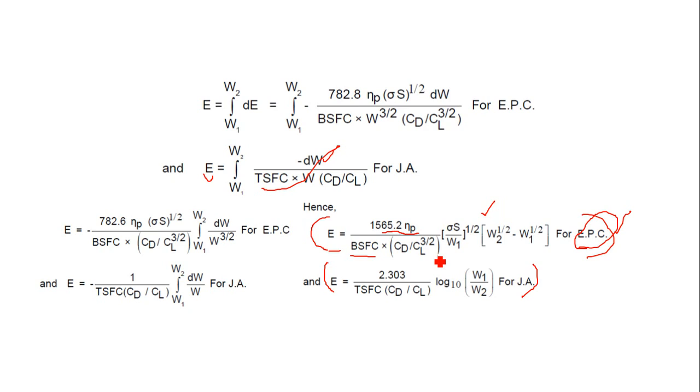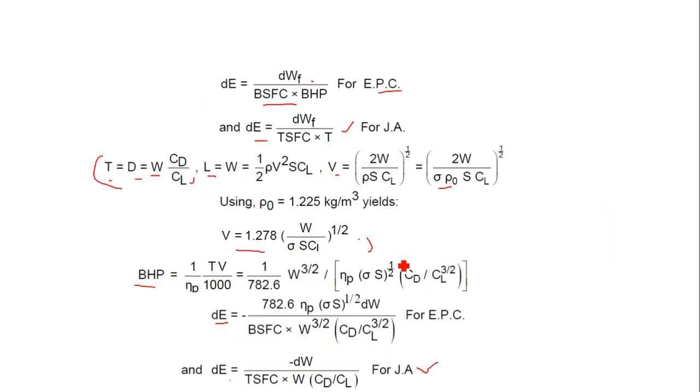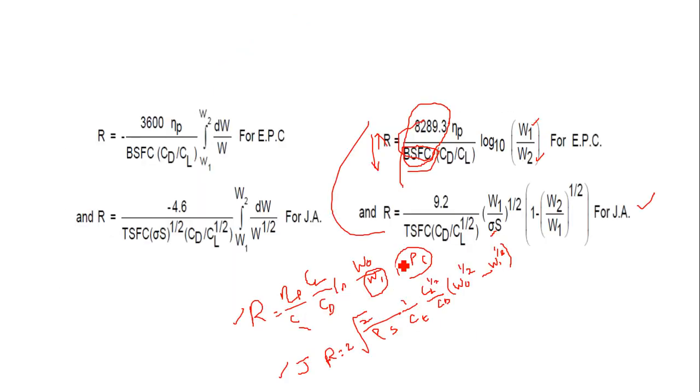Here we have CD by CL power 3 by 2 in the equation, and now we can move to the range for the engine propeller combination, where there it is CD by CL.